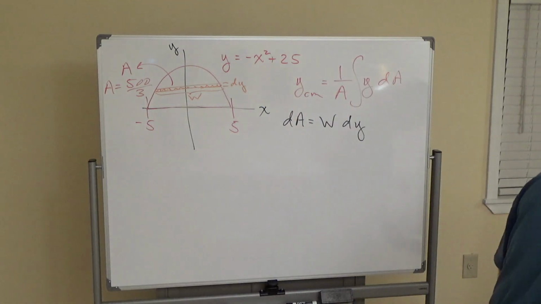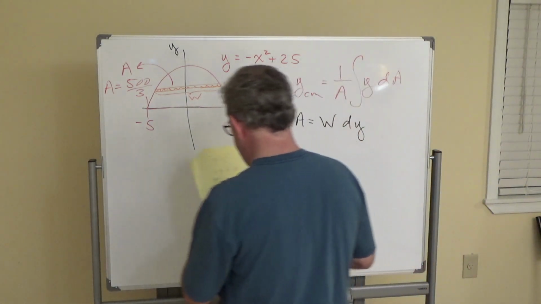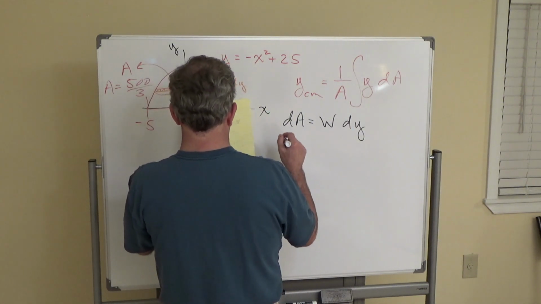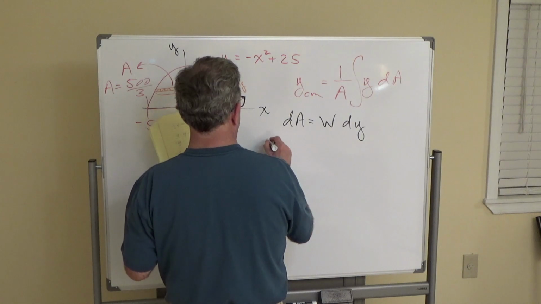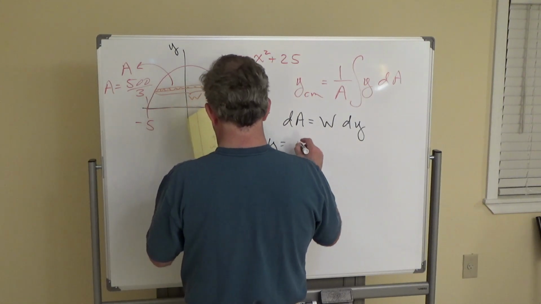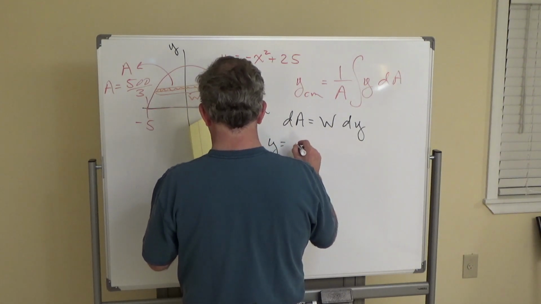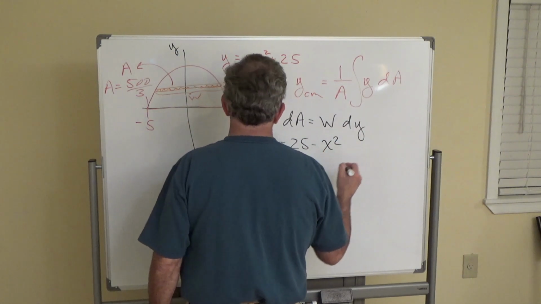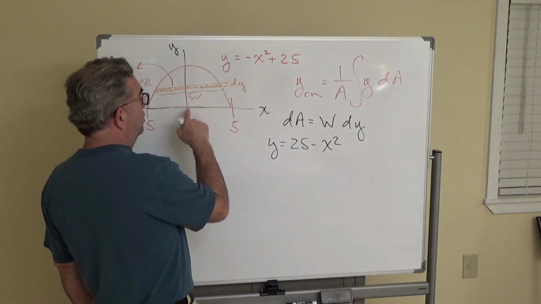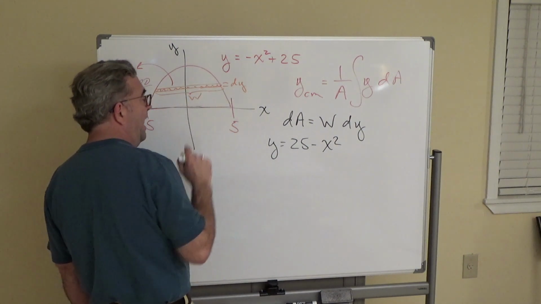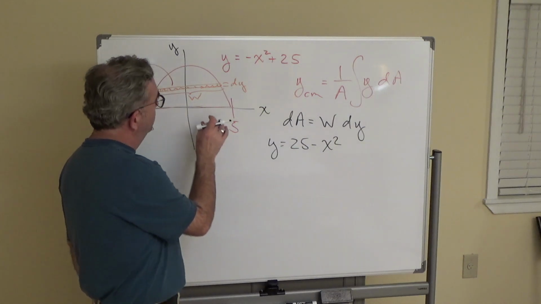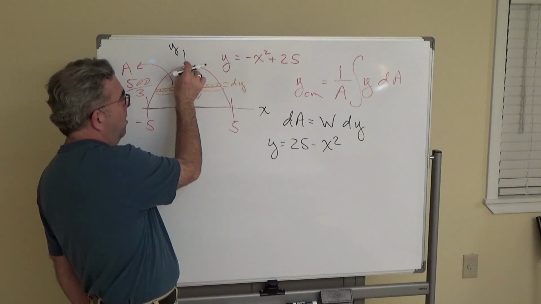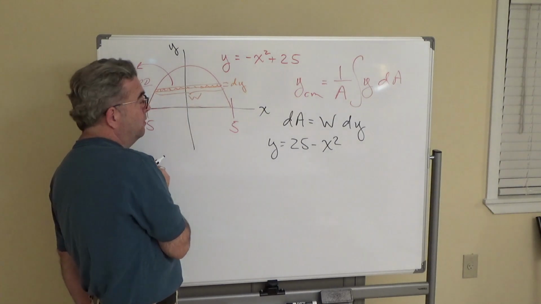The width of that strip, in terms of y, you have y is equal to 25 minus x squared. So the width of that strip as a function of y, we need x as a function of y, because as you go up, x gets smaller and smaller, but we want that as a function of y.